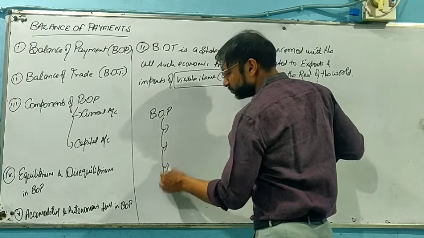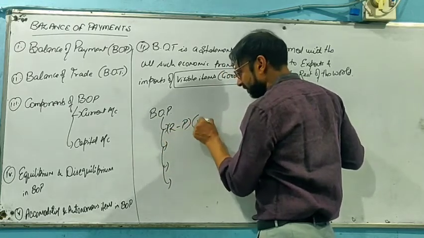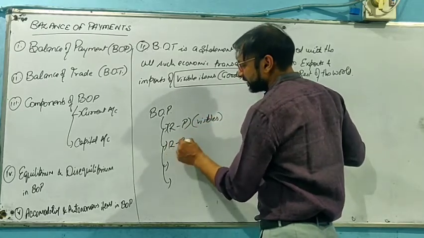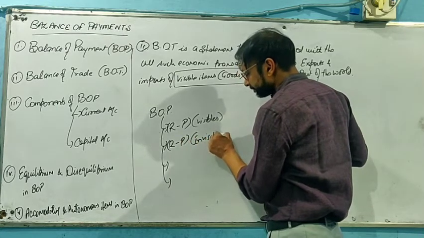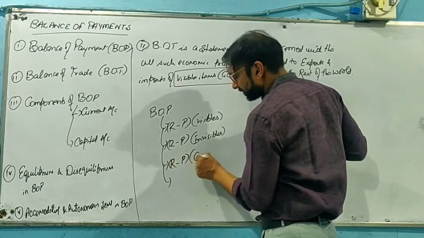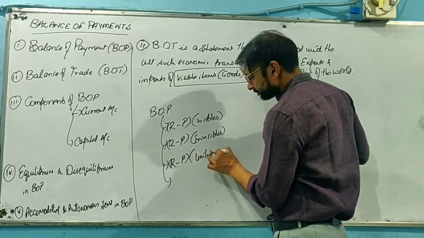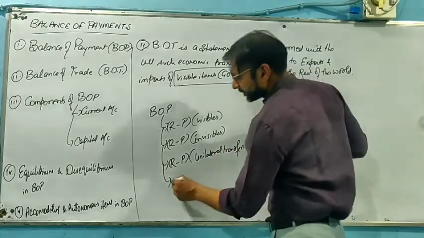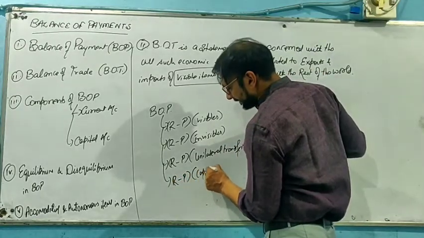Balance of payment usually undertakes receipts and payments of visible items, receipts and payments of invisible items, receipts and payments of current transfers, or unilateral transfers, one-sided transfers, as well as receipts and payments of capital transfers.